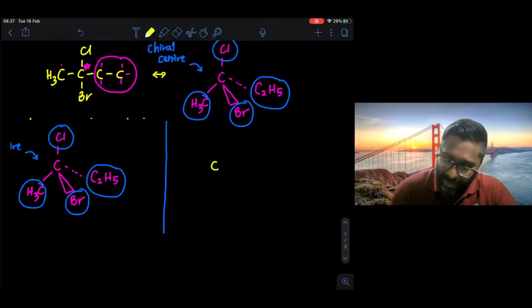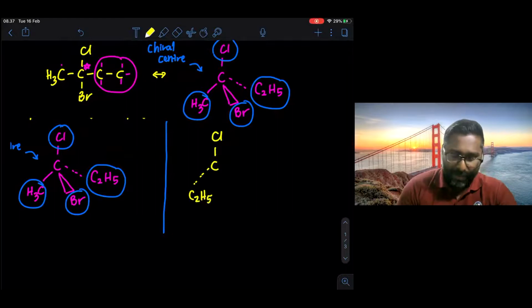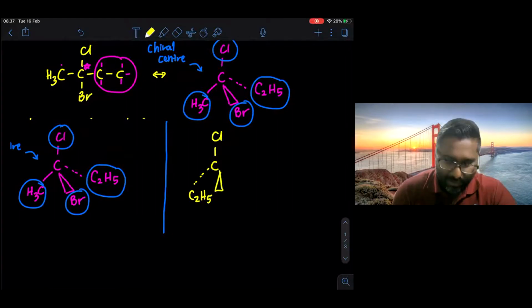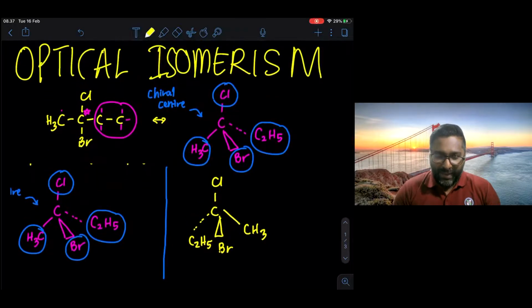We have Cl, so we put the Cl, and we have C2H5, just a mirror image. So you have something like this, with the Br and then the CH3 over there. This is how we draw the set of optical isomers for any compound that has a chiral center.